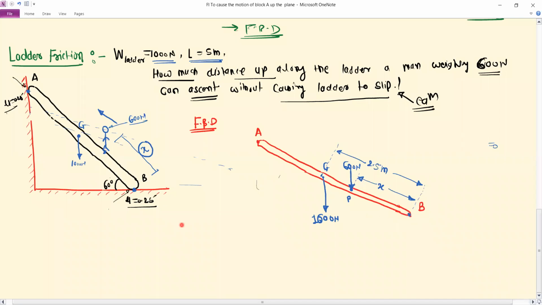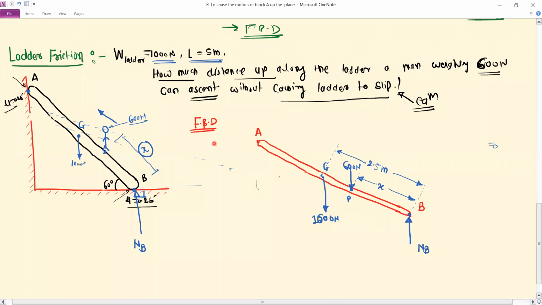Now next we have to consider the normal reactions. There is one contact with the ground, the B contact, so there will be a normal reaction like this. This is the normal reaction NB, perpendicular to this horizontal plane, so NB is exactly vertical.